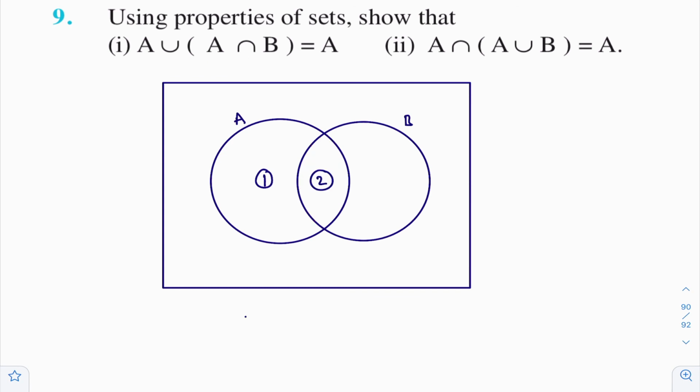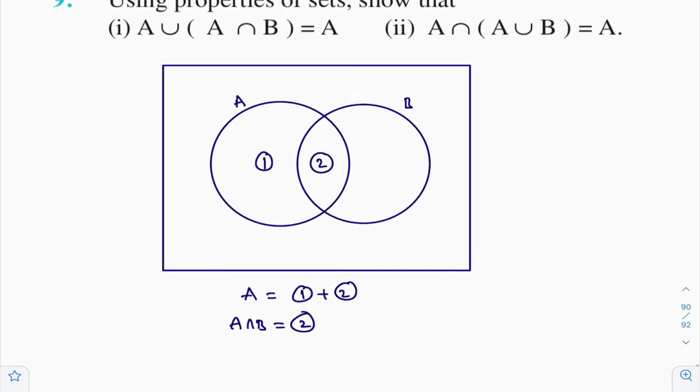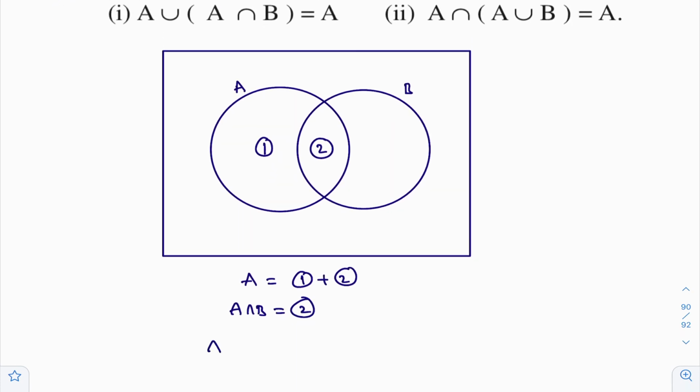You please observe here what is set A? Set A is the first part plus the second part. Okay. What is A intersection B? A intersection B means the second part. Right. So when we do A union (A intersection B), what is it? It is 1 plus 2. It can be understood easily from the Venn diagram.